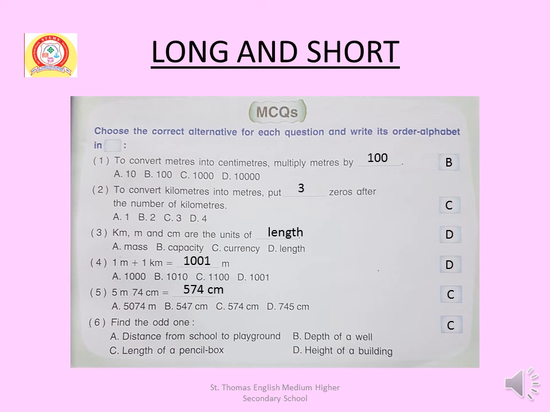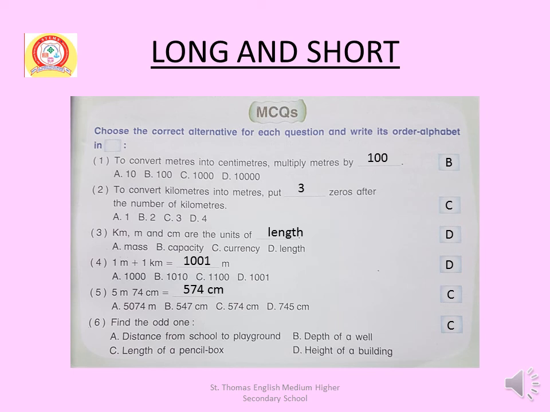You have to first convert kilometer into meter. To do that, put 3 zeros after 1 kilometer. So, 1 kilometer equal to 1000 meter. Now, 1 meter plus 1000 meter equal to what? 1001 meter. So, the correct answer is D. That means 1001 meter.